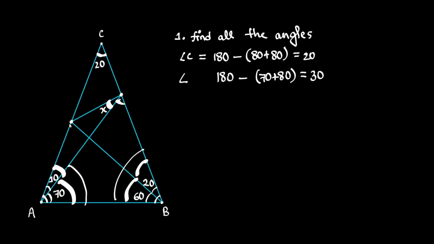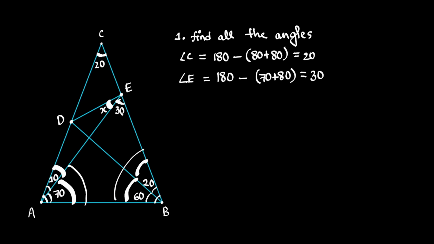Let's call it BD and then call it E. So we are saying angle E in AEB is equal to 30 degrees.